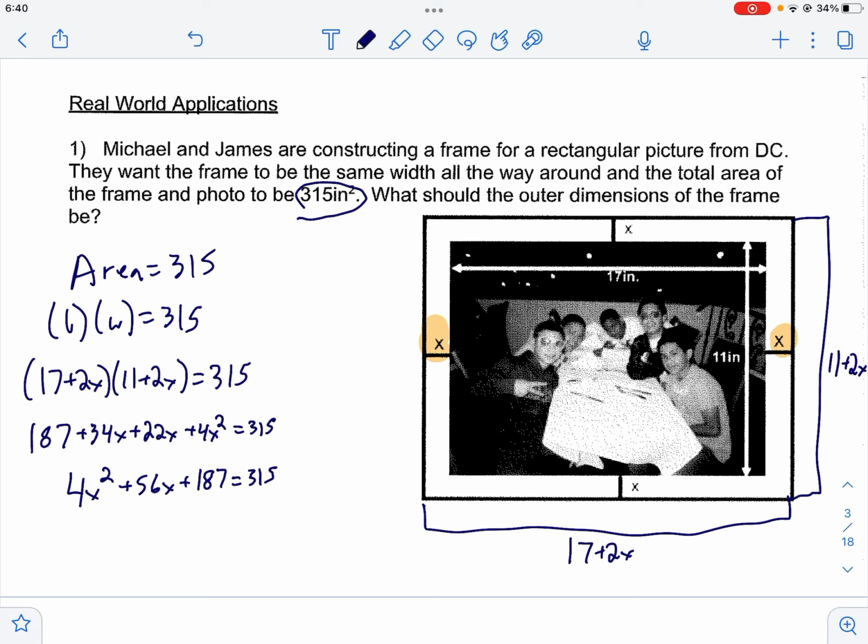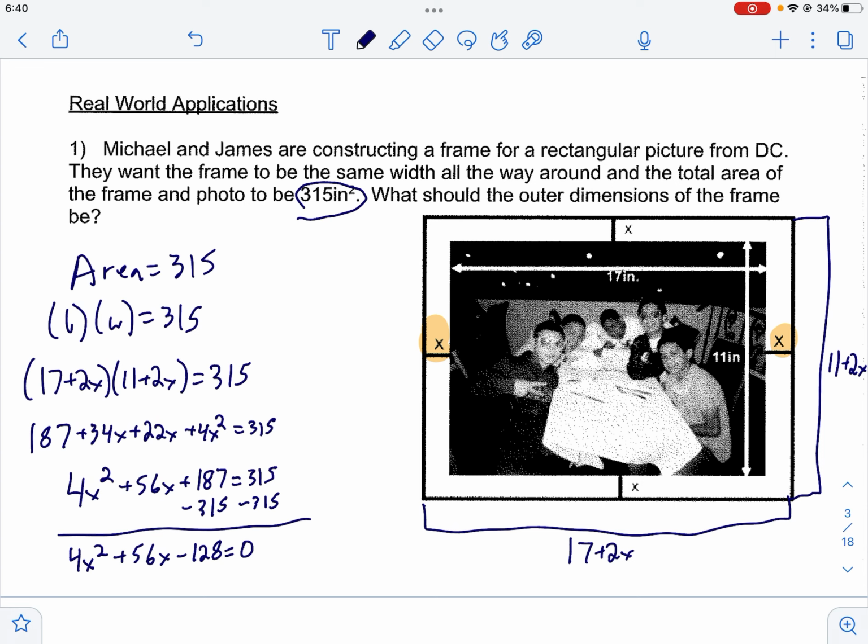And then we can think about how we would solve. To solve this, we could try to factor, but it's not equal to 0. So before we can start factoring, we'll have to subtract and set our equation equal to 0. So we'll have 4x squared plus 56x minus 128 all equals 0.